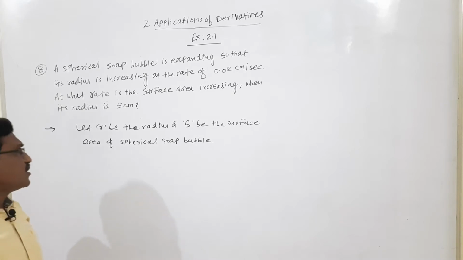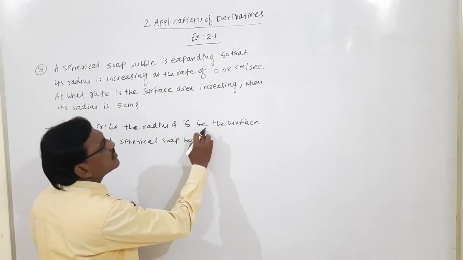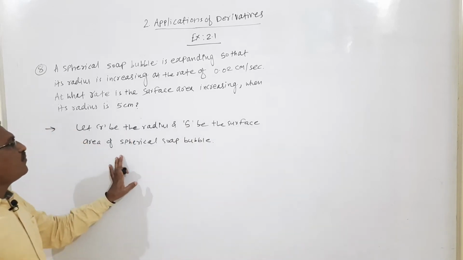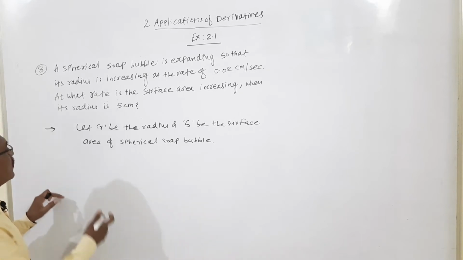So we consider r as the radius and s as the surface area of this spherical soap bubble.